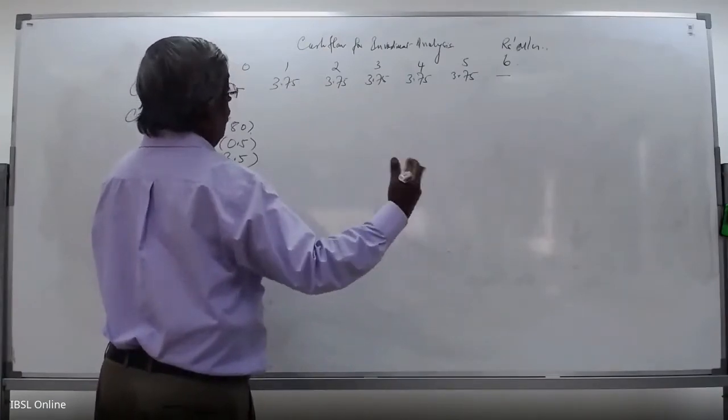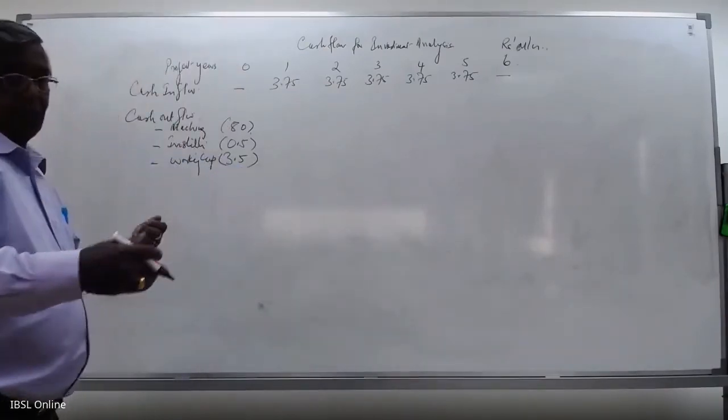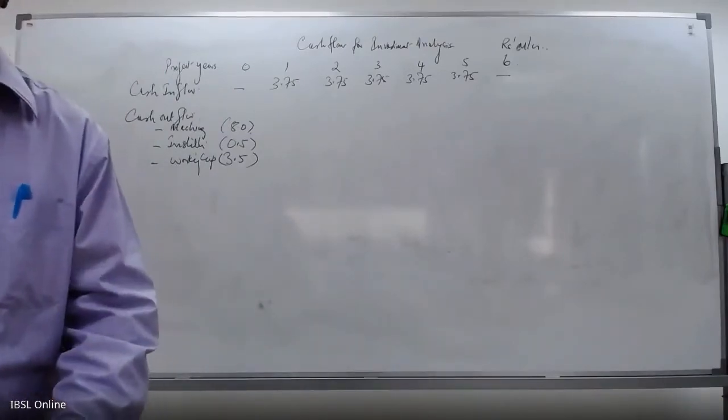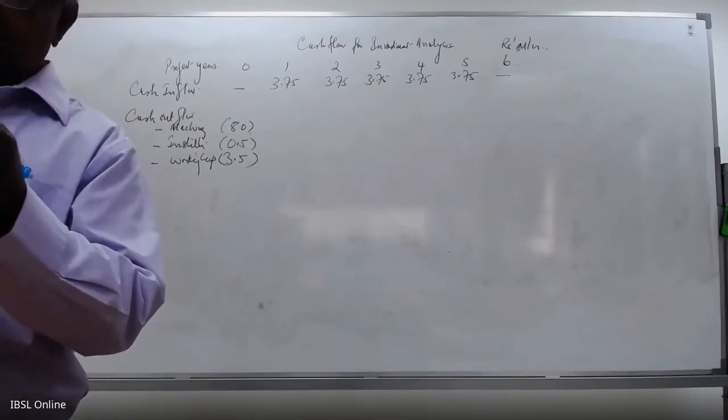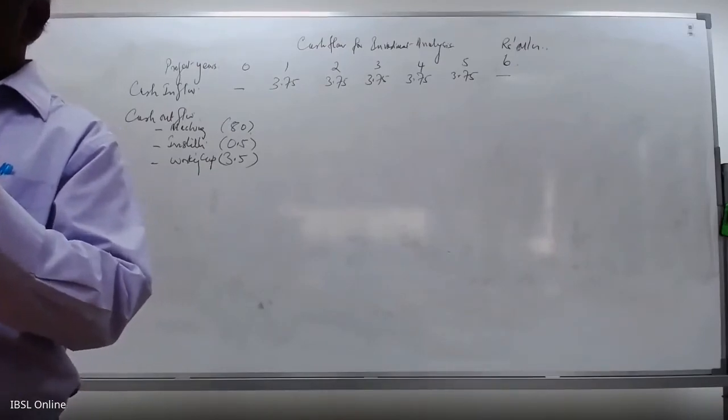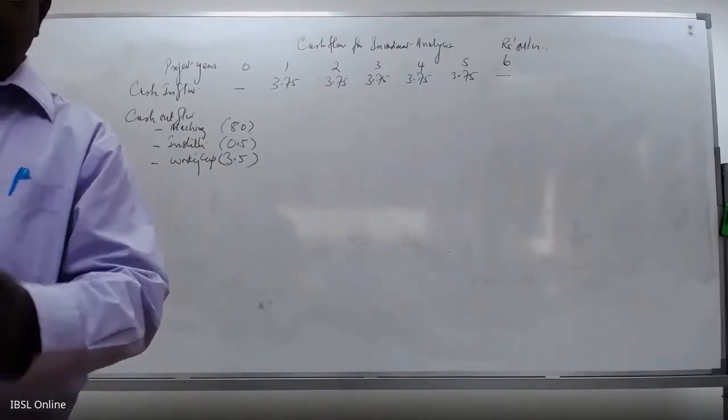And then the machinery will be sold after 5 years. After 5 years, the machinery has a residual value. The residual value is 1 million rupees.